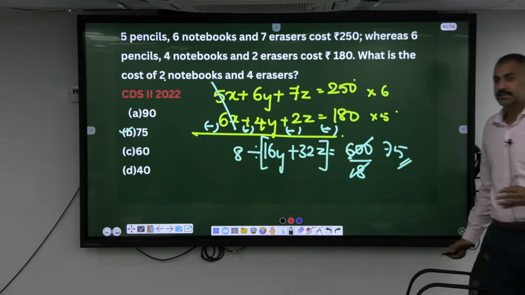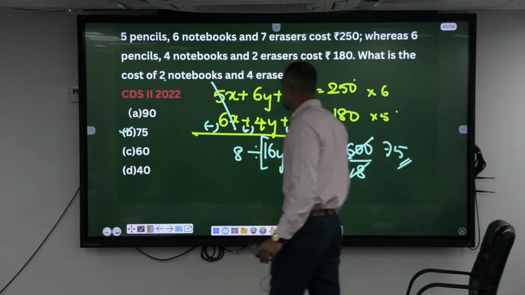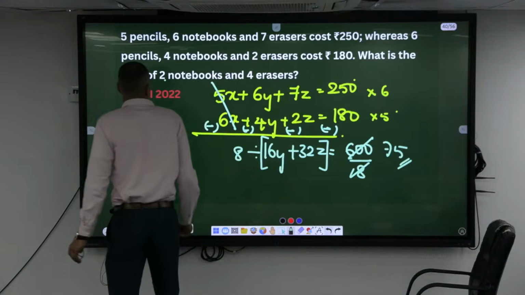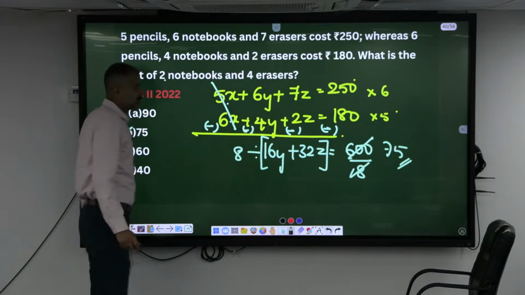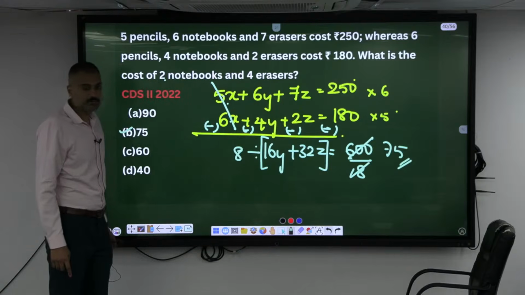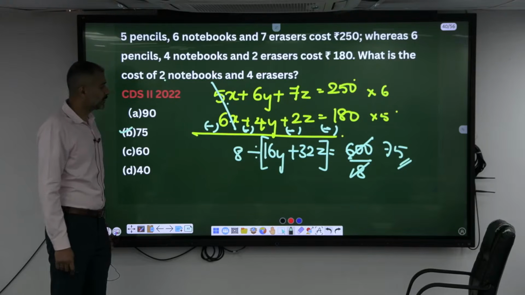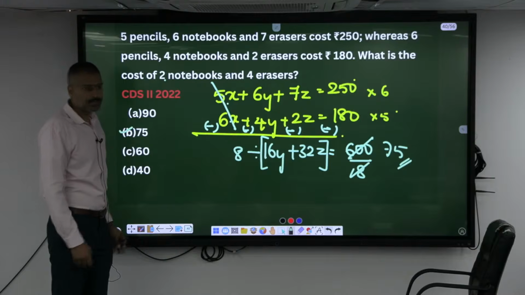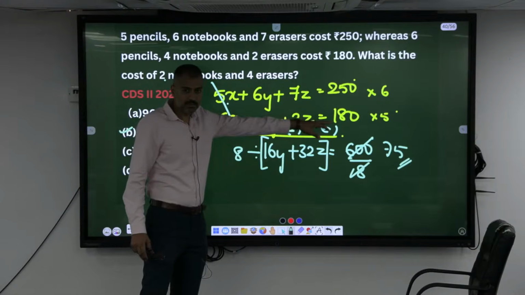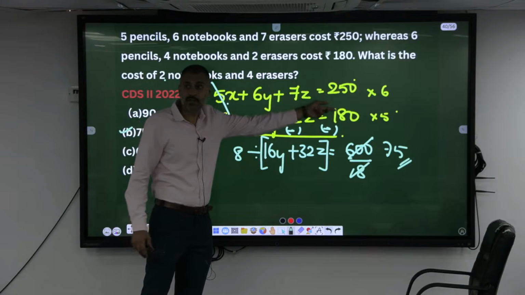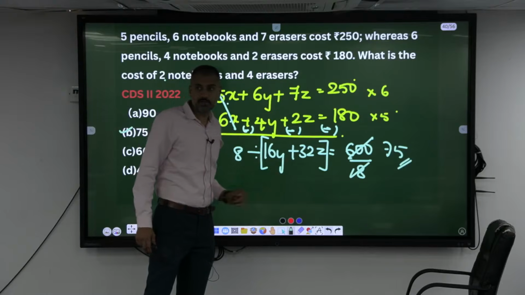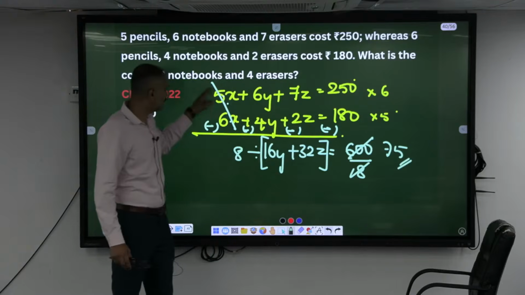Efficiency based questions, this can be. How can this be asked in time and work? 5 men, 6 women, 7 children, 250 days. 6 men, 4 women, 2 children can do it in 180 days. This can be doubled here because the fewer the people, the more the number of days. In that case, same thing: multiply here, subtract here.